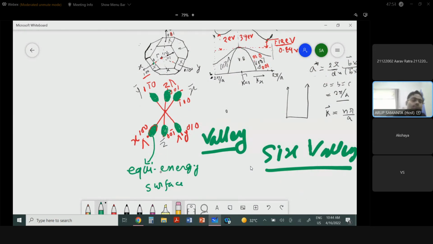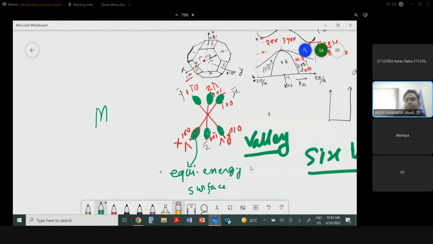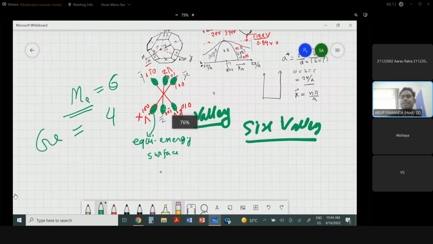This valley we may note by MC, I note it by MC valley. So the number of valleys is 6 for silicon. For germanium, the valley number is 4. And for gallium arsenide, I will draw the other structure.